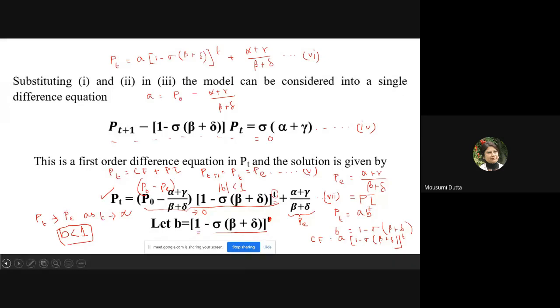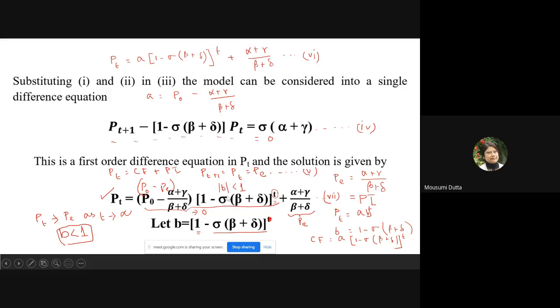If this B is positive, the time path will be monotonic in nature. If B is positive, that it lies in between 0 and 1, time path will be monotonic.